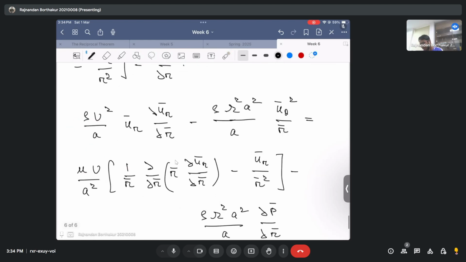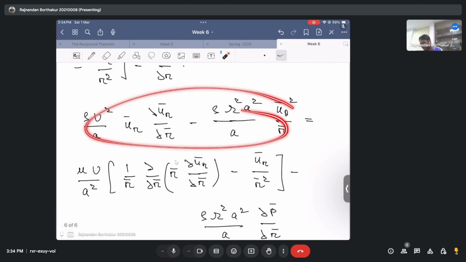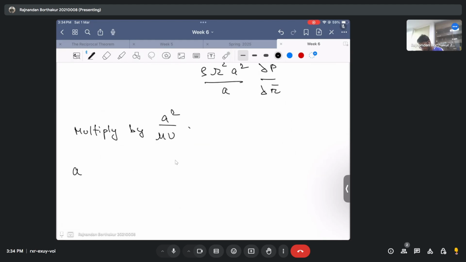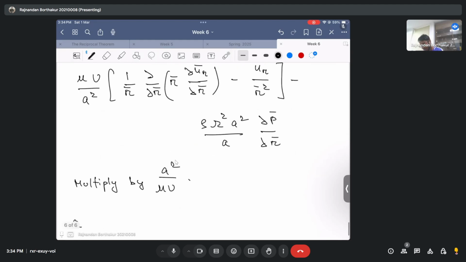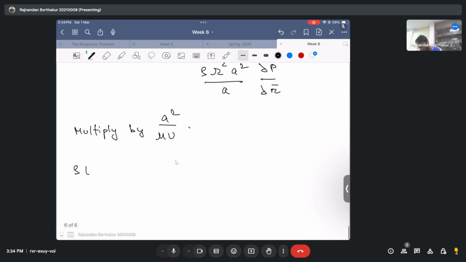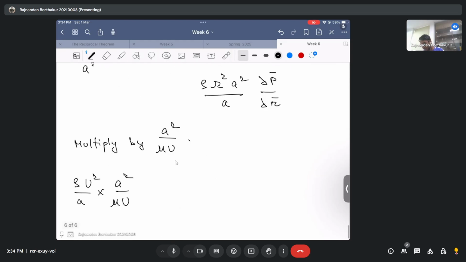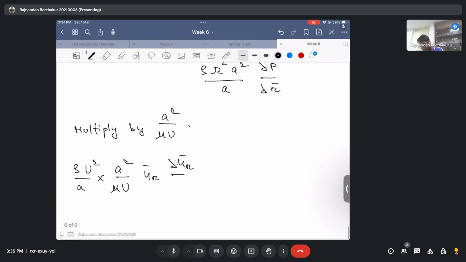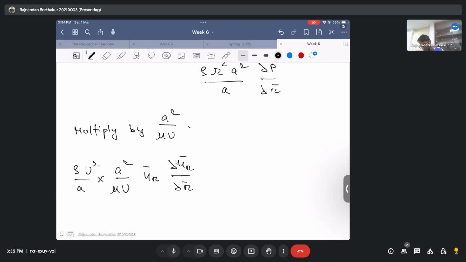So from these terms, what we'll get is we'll get something like this. We'll get rho u squared by a times a squared by mu u, that is from the first term, and then I have this term u bar del u bar by del r bar, okay?